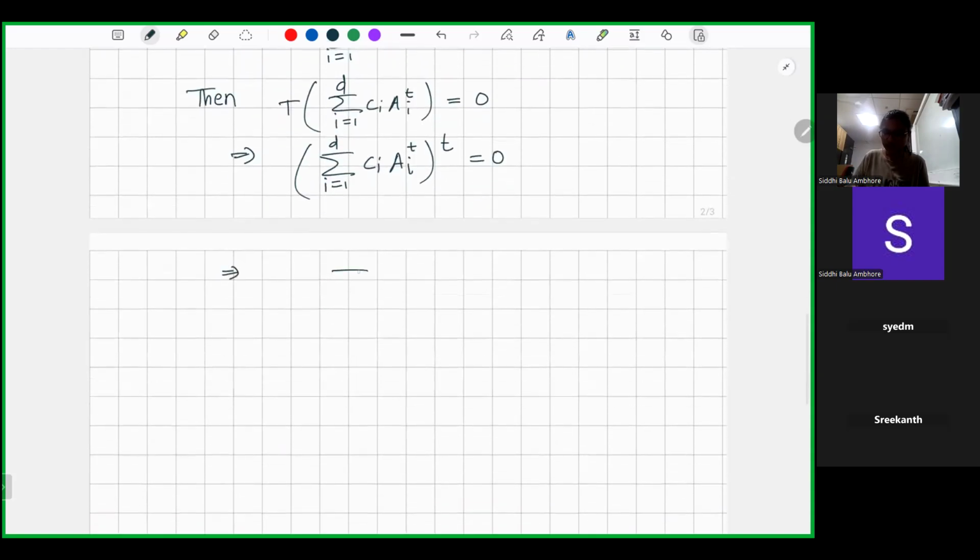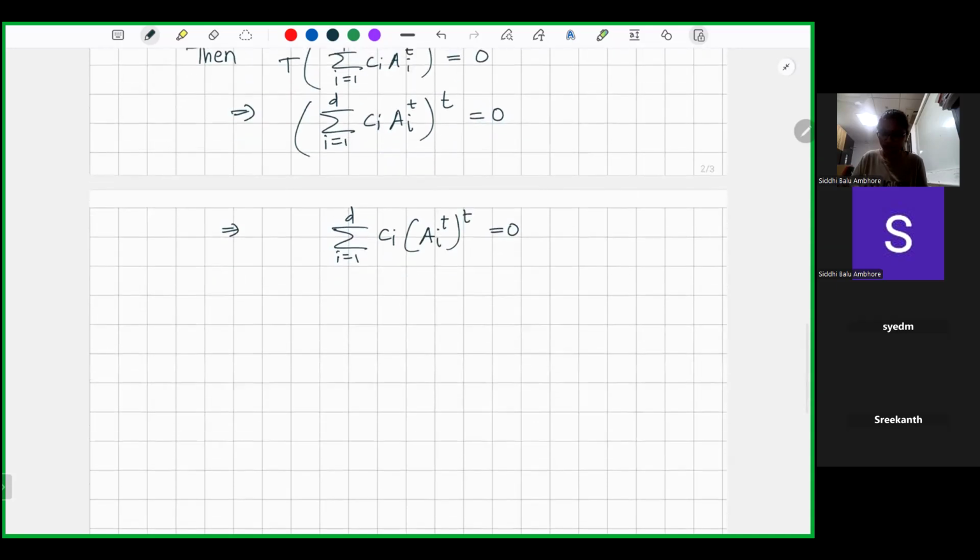Then c_i is a coefficient, it's a constant, so we can take it out, and we get the summation of c_i A_i transpose transpose is 0.